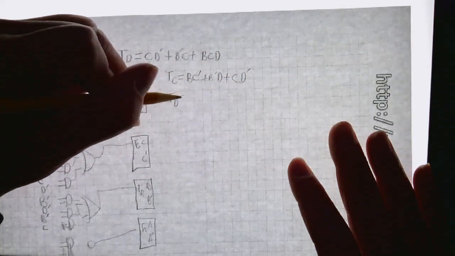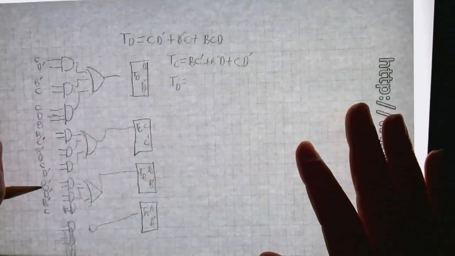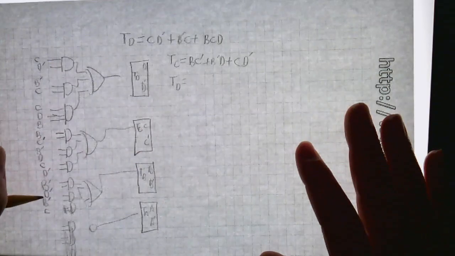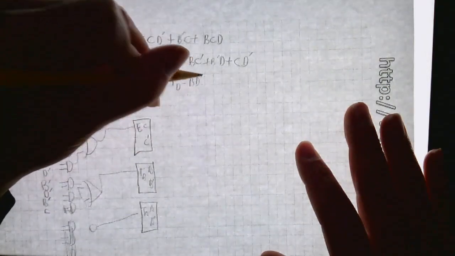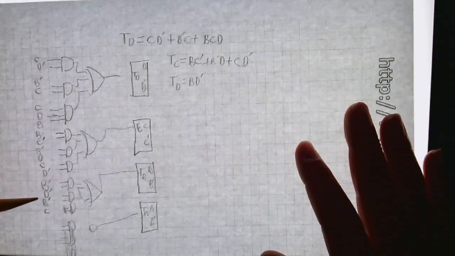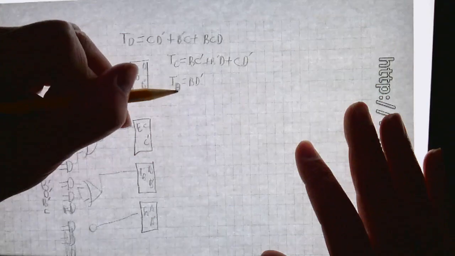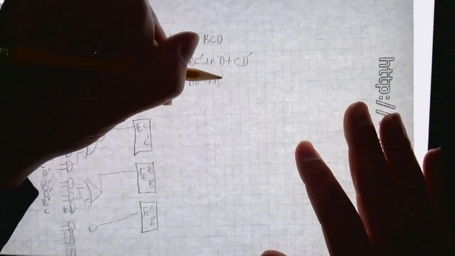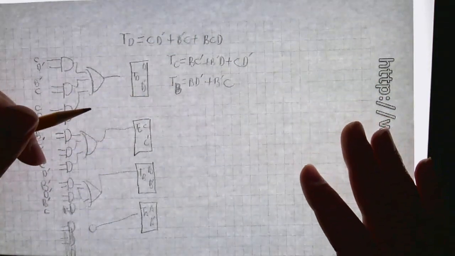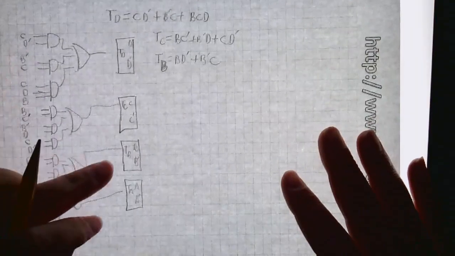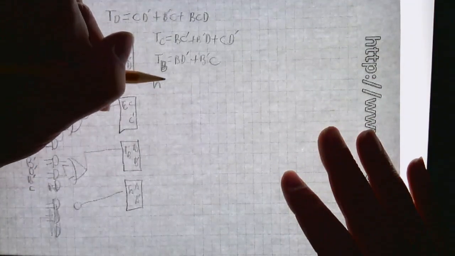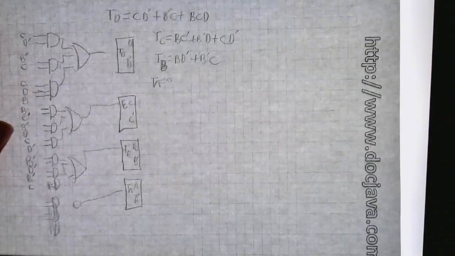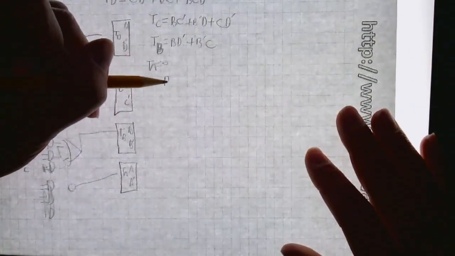T sub D must be equal to B D prime. That should have been a B, right? T sub B. That's B D prime, B prime C. And that's what I got, right? And T sub A is equal to 0. So let's ignore T sub A and just write out B, C, and D.